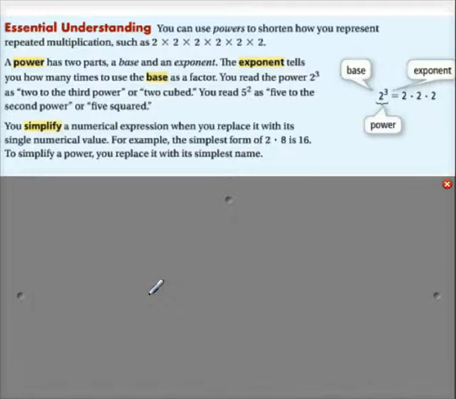All right. Before we get into our PEMDAS, we're going to talk a little bit about powers. Powers are used to shorten how we represent repeated multiplying. So instead of saying 2 times 2 times 2 times 2 and so on, we can write it as a power, 2 raised to however many times it's being multiplied. So this right here is a power, 2 to the third power.